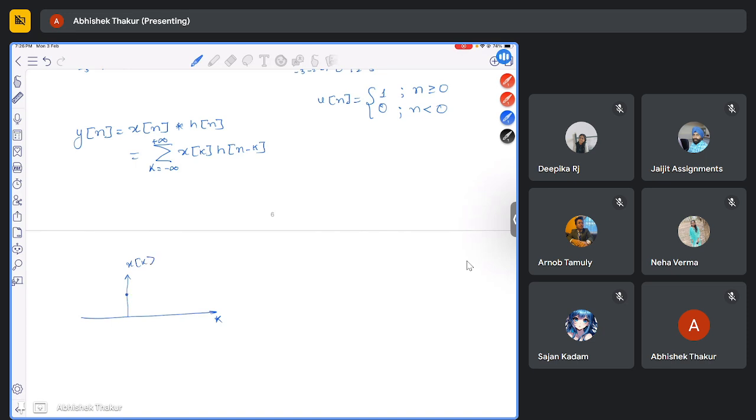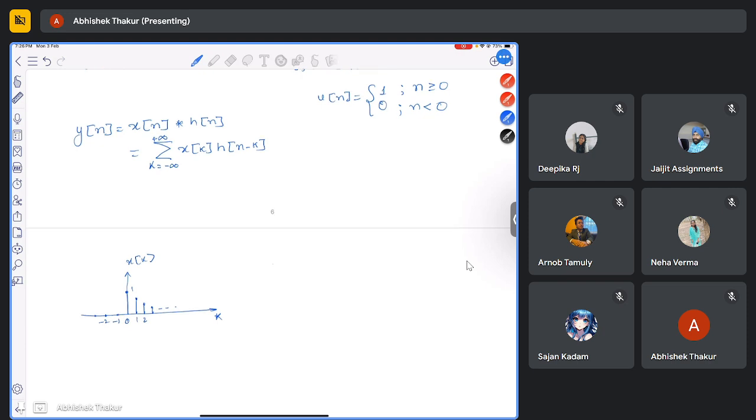So x[k] will be the same as what we found earlier, like this. And our h[minus k]. Why? Because here it is n minus k.